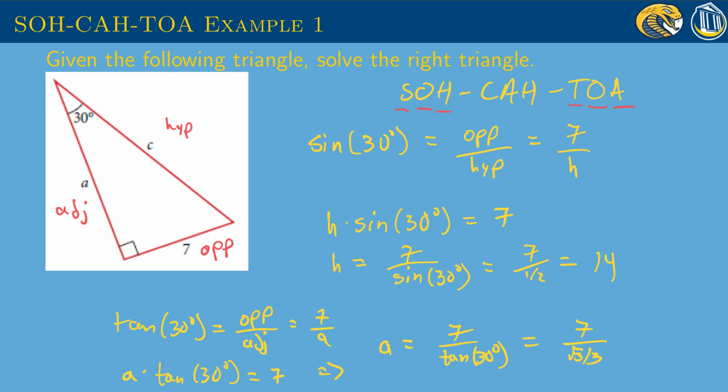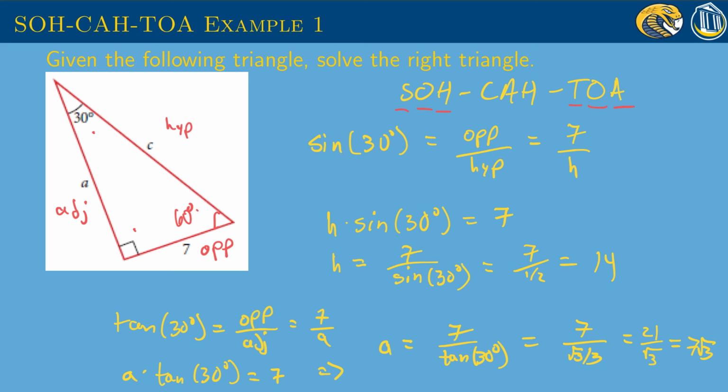And therefore a, doing a bit of math here, let's see, this is 21 over root 3, or 7 root 3. Lastly, we need to figure out our remaining angle. Since all 3 angles in a triangle add up to 180 degrees, this angle has to be 60 degrees.